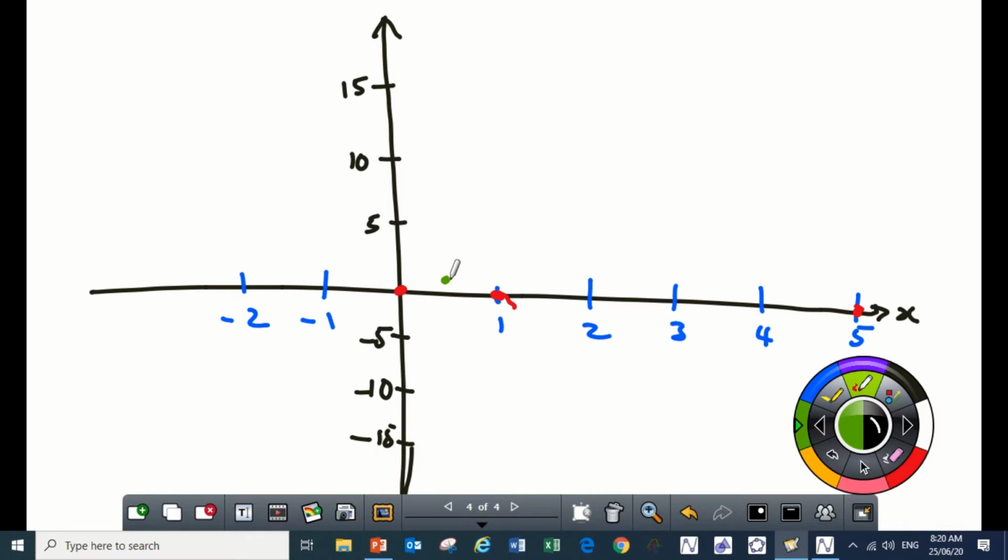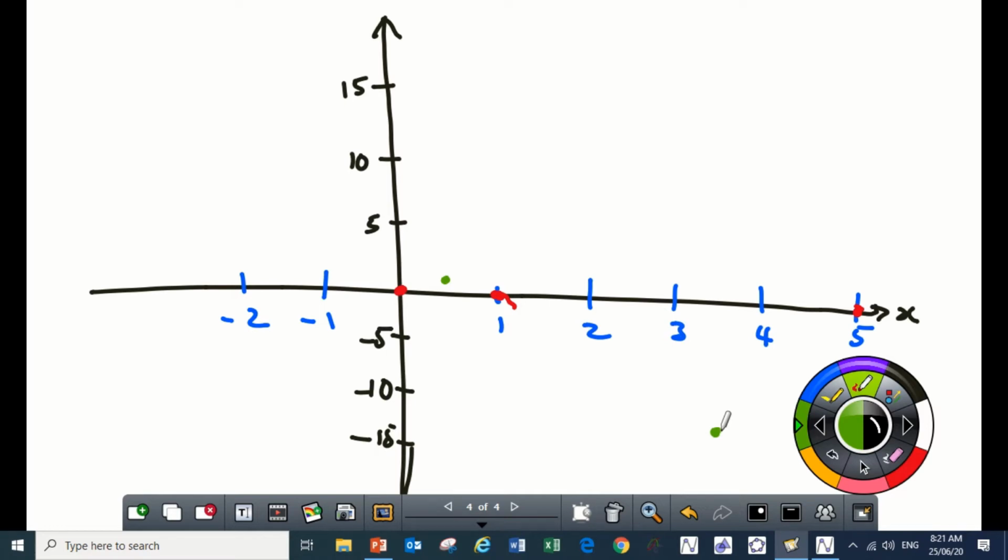So what's the second set of coordinates? 3.53 and negative 13.13. I'm going to approximate it to be somewhere there. Now this is very important.